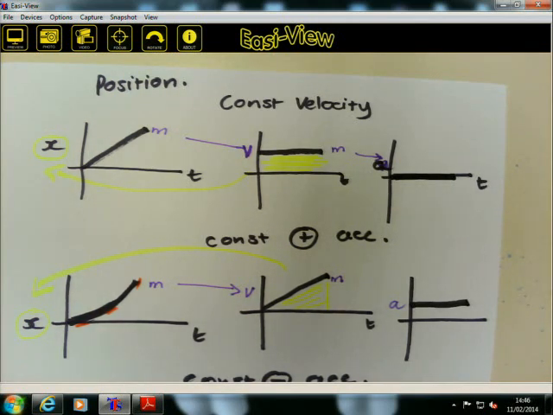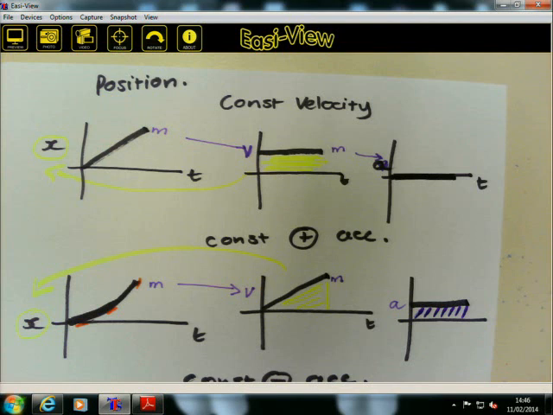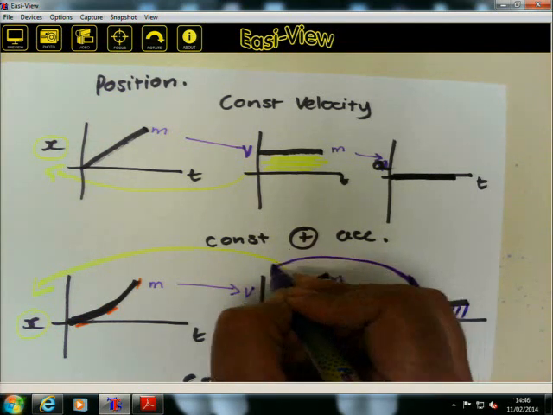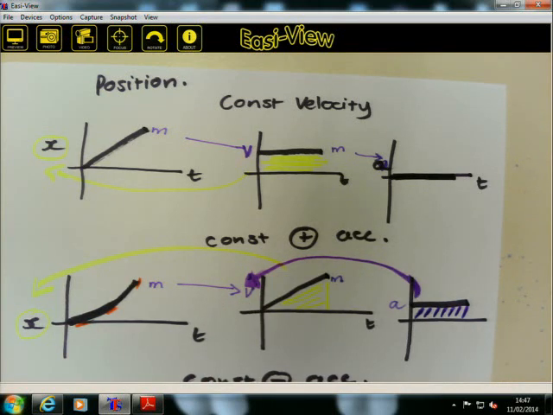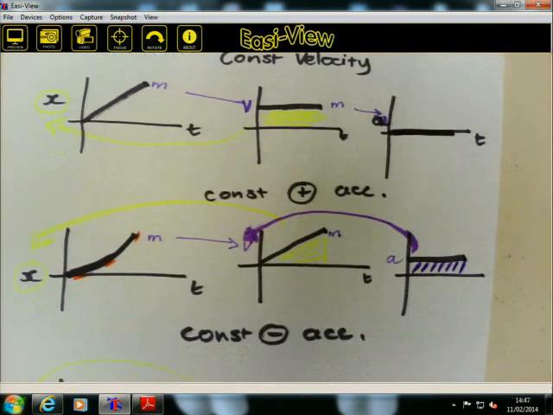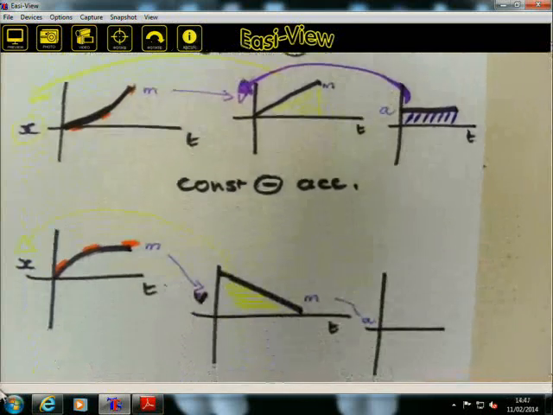And remember now, very important, that the area of my acceleration time graph is going to give me velocity. The area of my acceleration time graph is going to give me velocity. Right. Now remember my last graph.